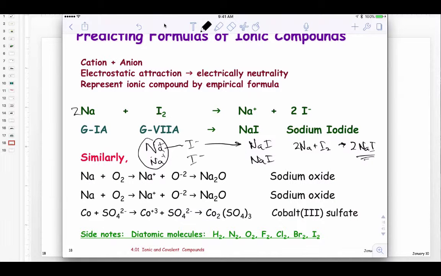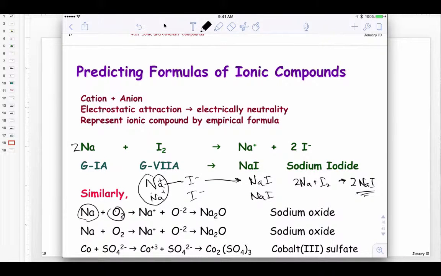If we take sodium and oxygen, oxygen breaks up to, let me write it up here, sodium plus oxygen, -2, -2. You'll find out that it will take 2 sodiums to react with the 1 oxygen.